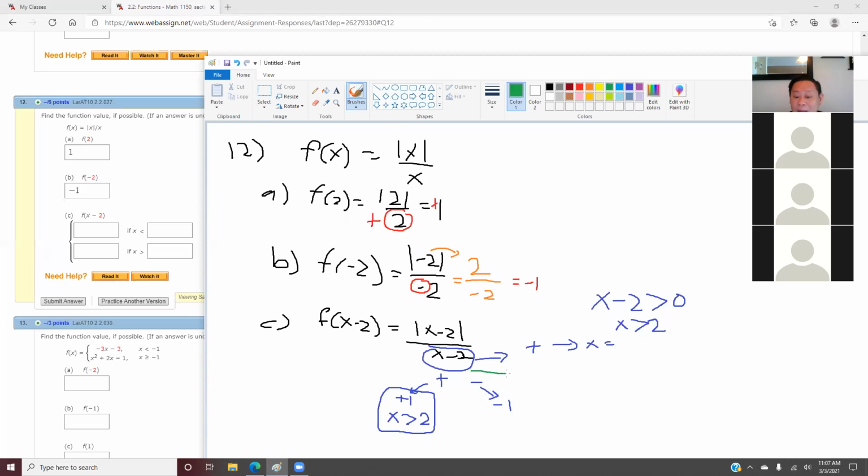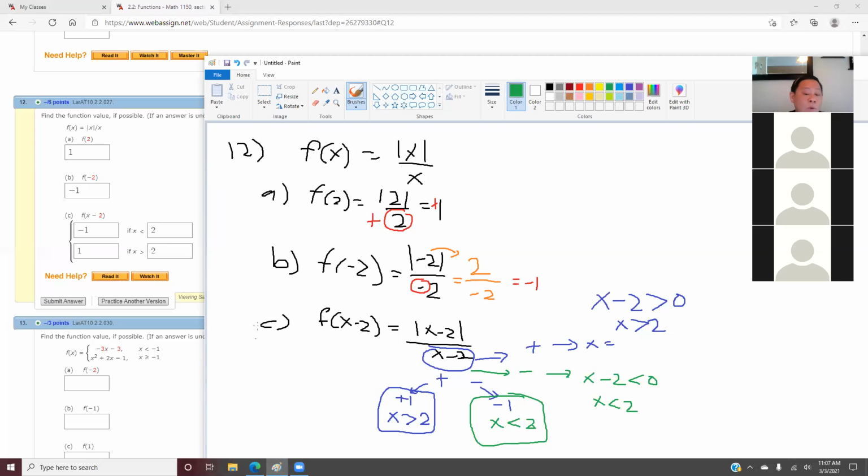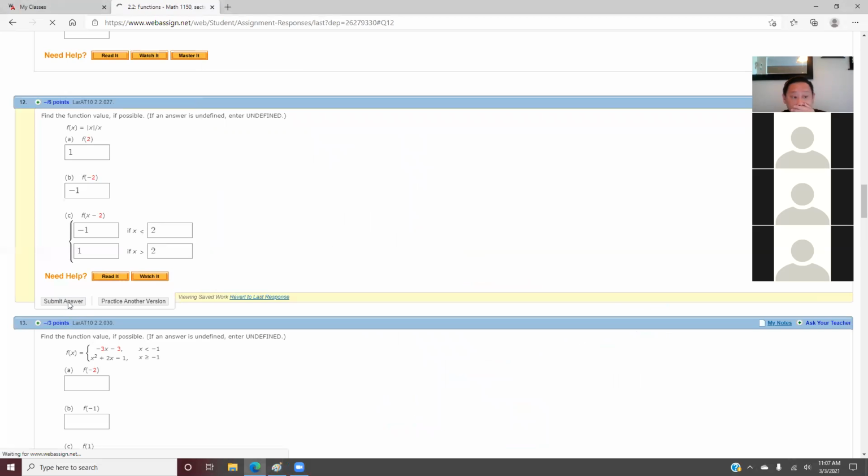You solve for x, but this time you make it less than 0 because that is negative. So x is less than 2, which tells us that if you put in any number below 2, your answer is -1, and it will be +1 if it's above 2. This is how we do question C, which is the most difficult one of those.